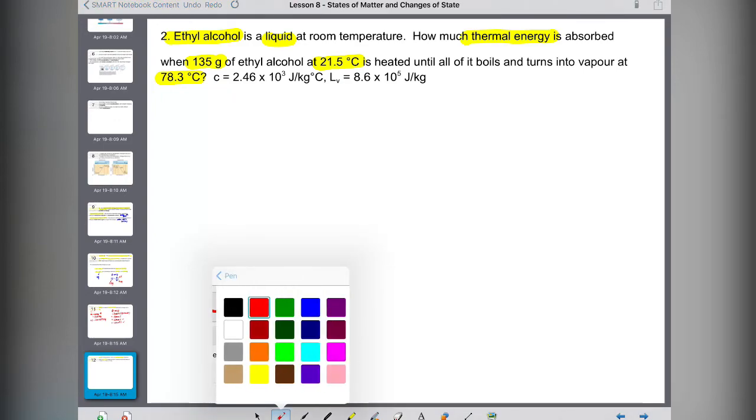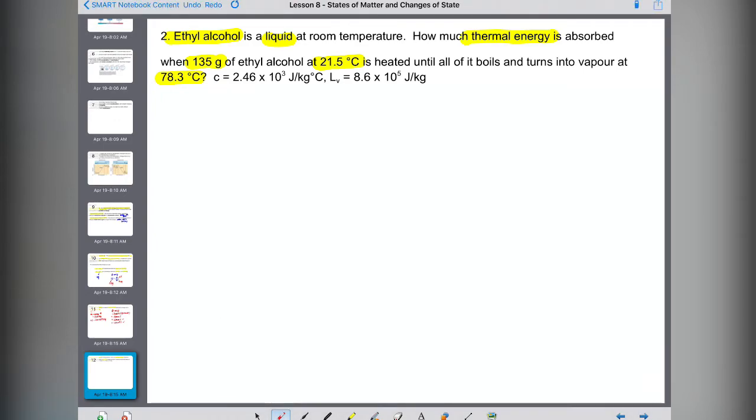So they actually tell you that this is when it's boiling. So this is when the ethyl alcohol would go from liquid and turn into gas, right? So that's why we're using the Lv, because that's when the liquid alcohol turns into a vapor.